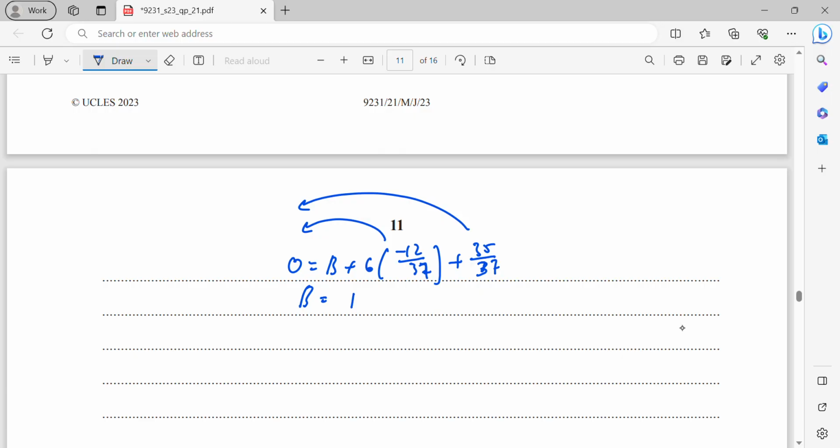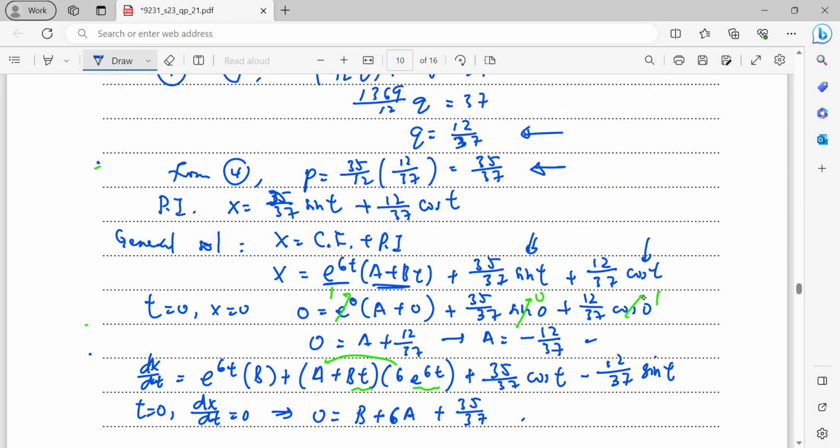Now the particular solution: just replace the a and b in the general solution.